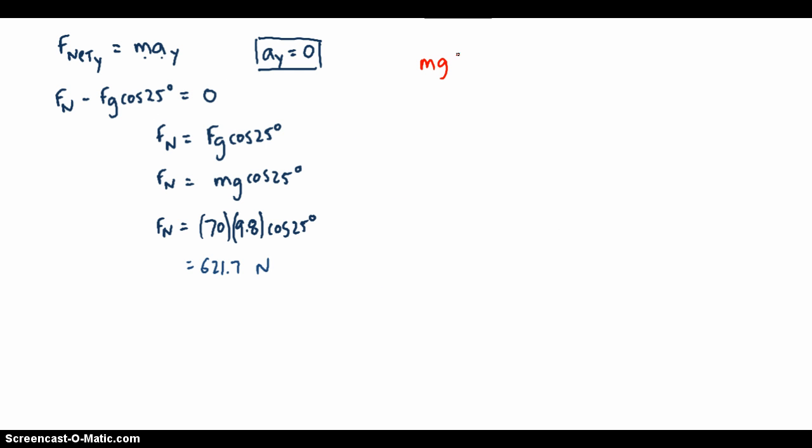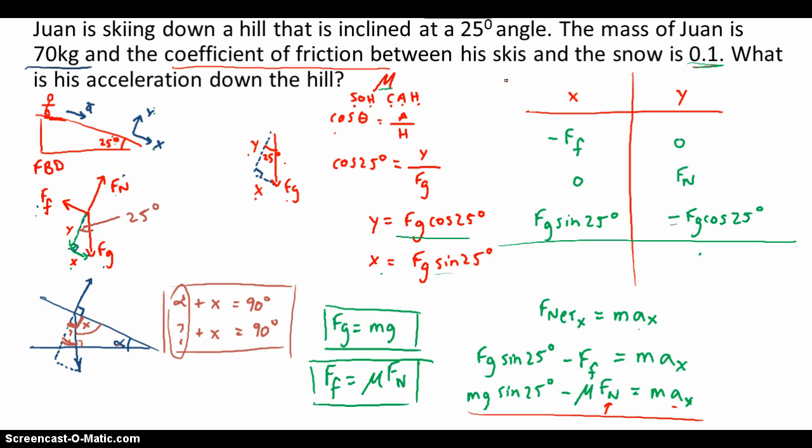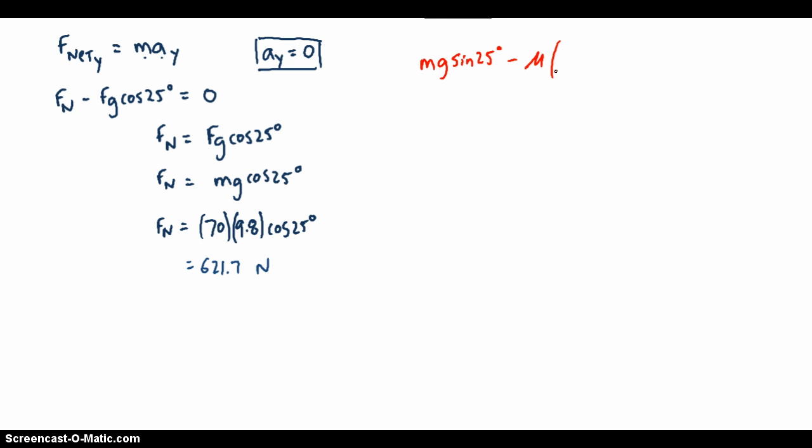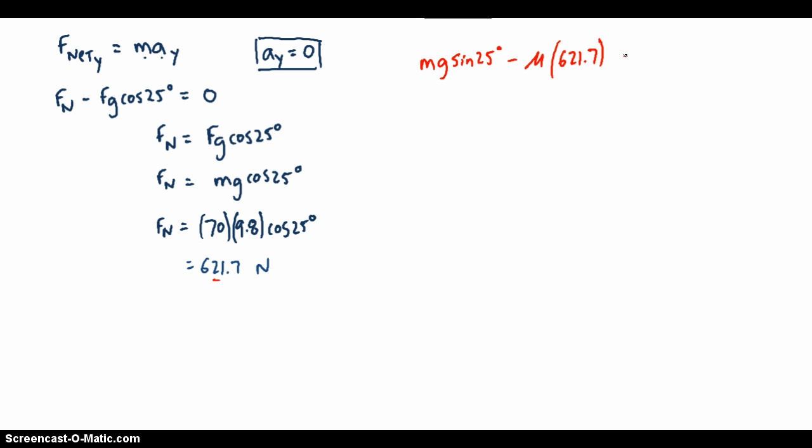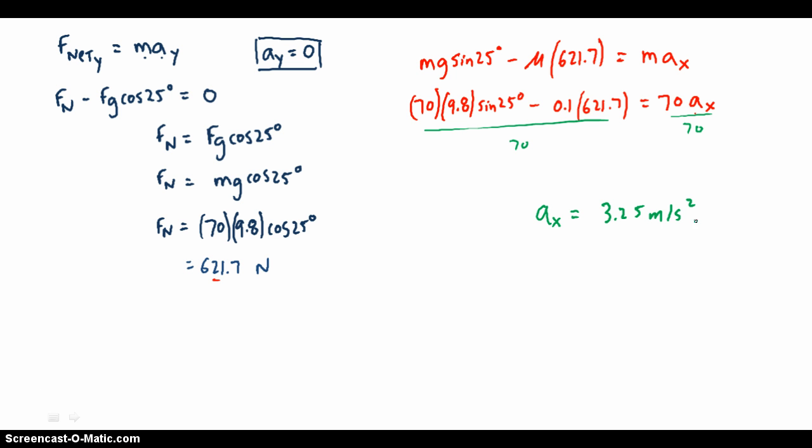Mg sine 25 minus mu times 621.7, that's what we found here, is equal to mass times the acceleration in the x direction. Let's sub in our numbers. Check to see if this is what you got when you subbed in your numbers. And now we're going to solve for a. So this is 70 times a, so to get rid of that 70 we have to divide both sides by 70. You should get 3.25 meters per second squared.